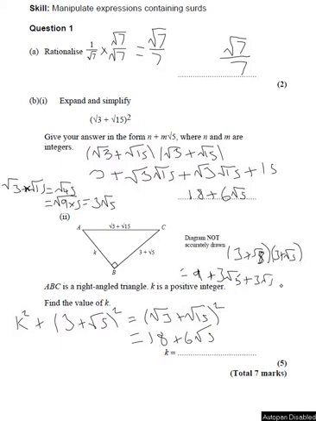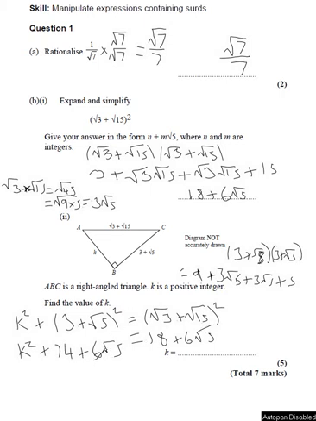Root 5 times root 5 equals 5. 9 add 5 is 14, and then 3 root 5 add 3 root 5, I've got 6 root 5 there. So k squared plus 14 plus 6 root 5 equals 18 plus 6 root 5.